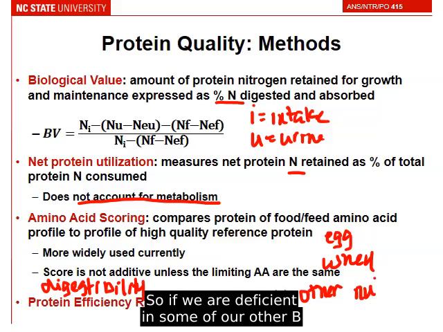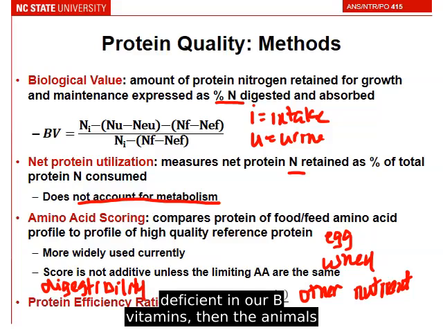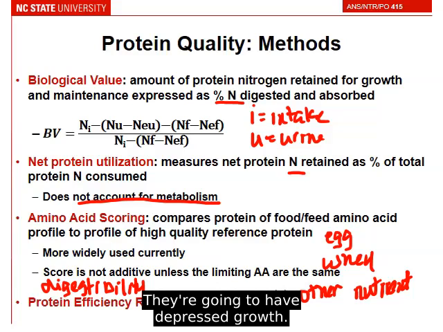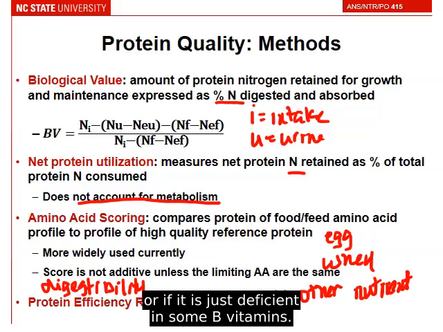So if we're deficient in some of our other B vitamins, then the animals are not going to grow very well. They're going to have depressed growth. So we don't necessarily know if the protein is bad or if it is just deficient in some B vitamins.